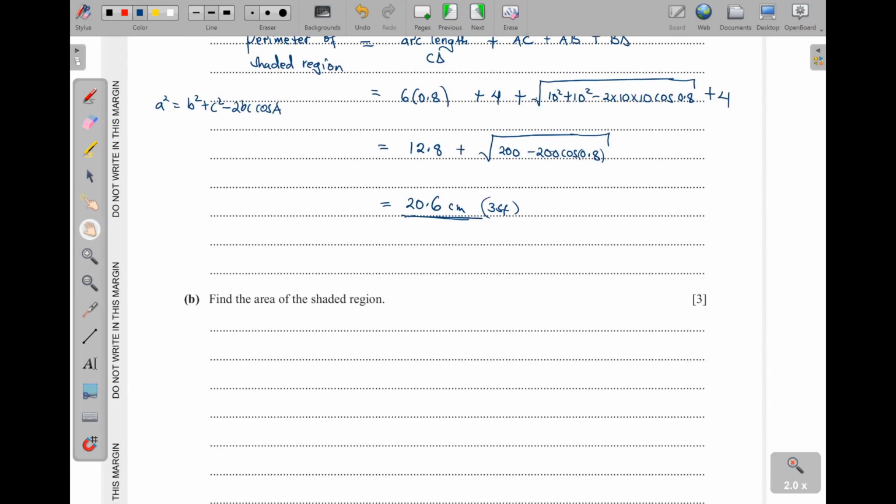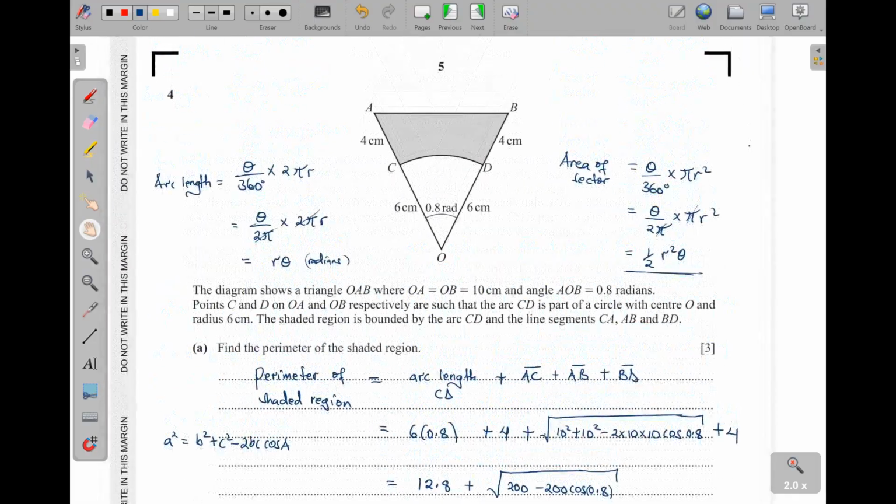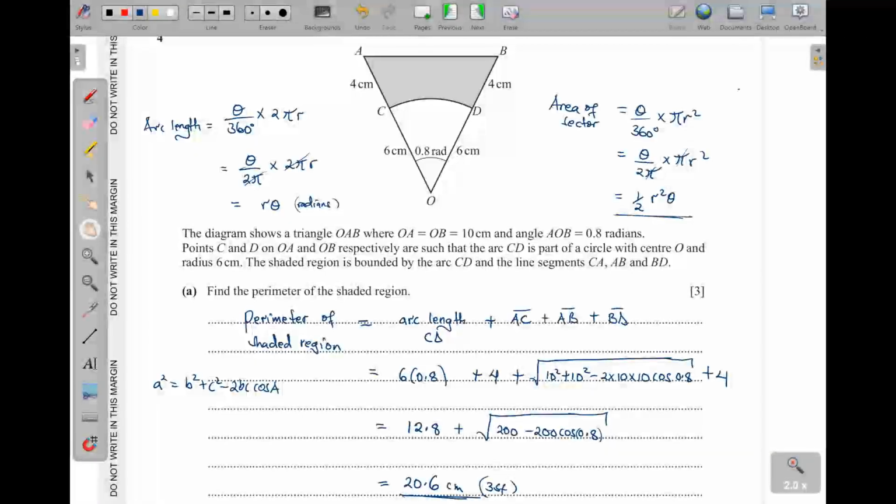Then part B, find the area of the shaded region. So I'll get the area of the triangle, then I'll subtract the area of the sector. By the way, we can also find AB this way. I can split this one into 2 and then it becomes a right angled triangle.